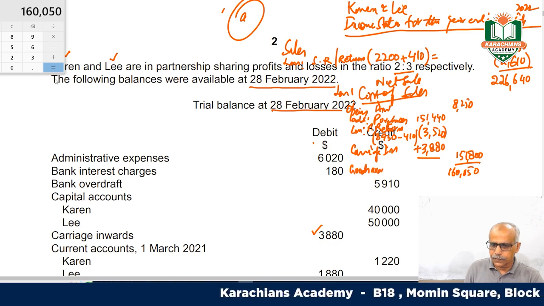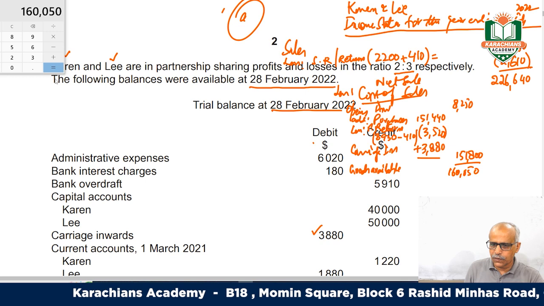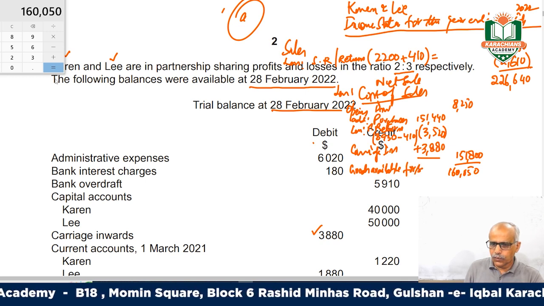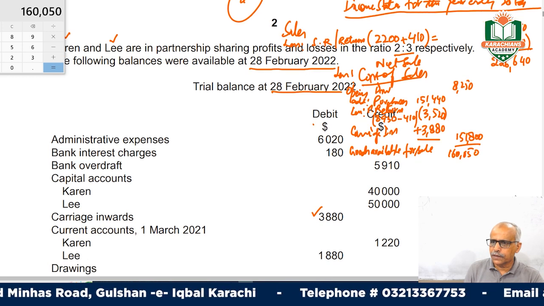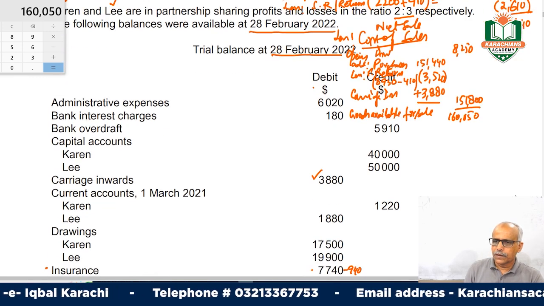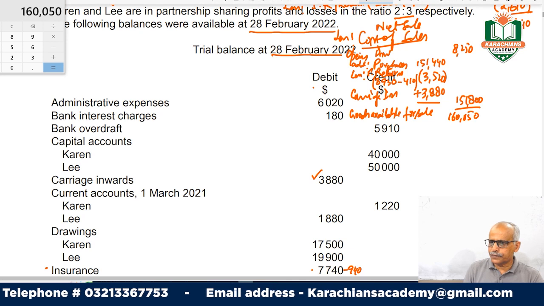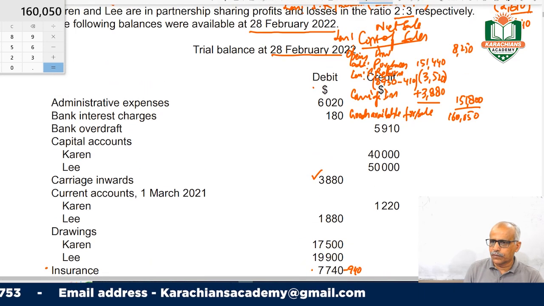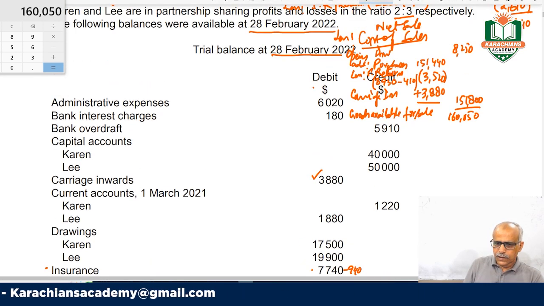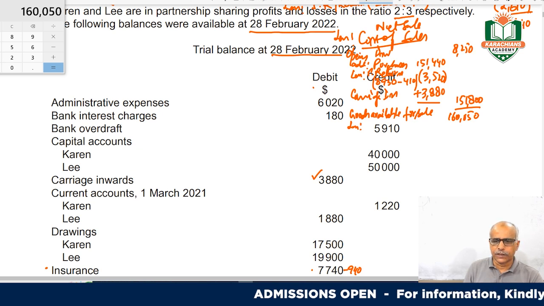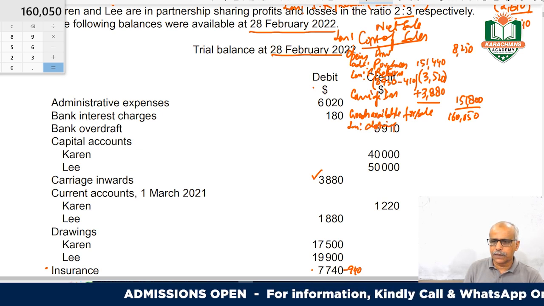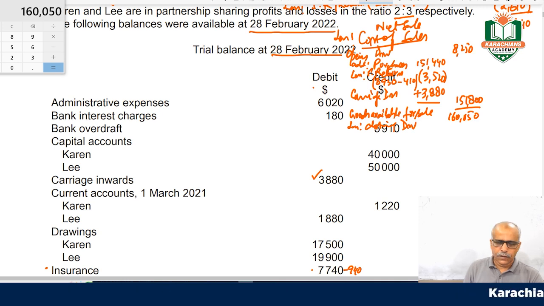Goods available for sale, right? Okay, fine. Move on. Now you deduct from goods available the closing inventory.